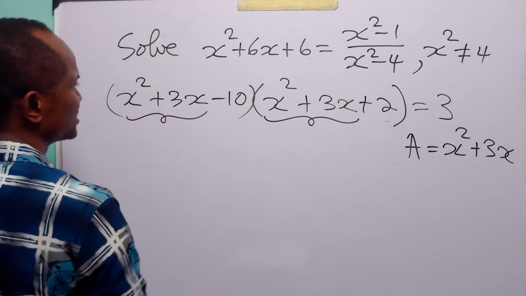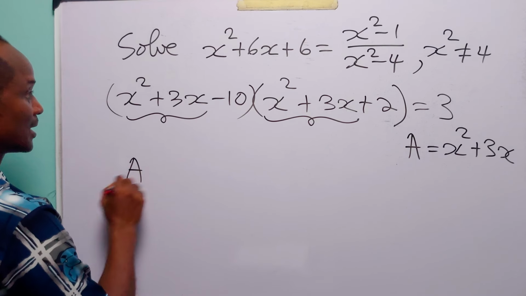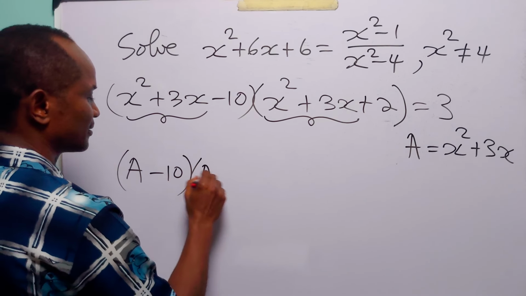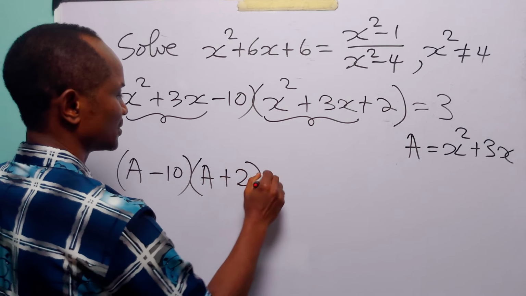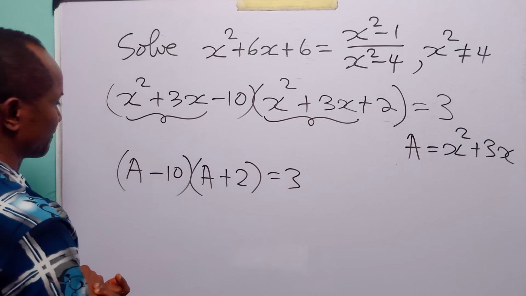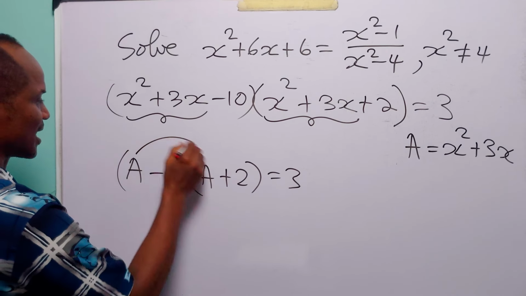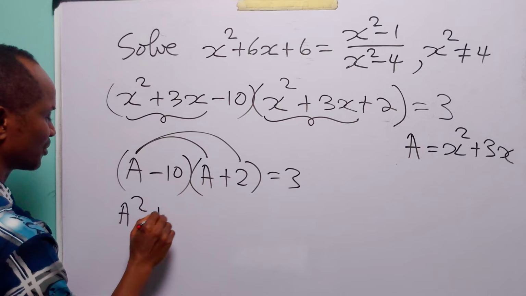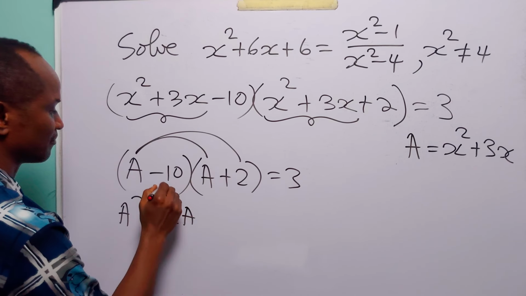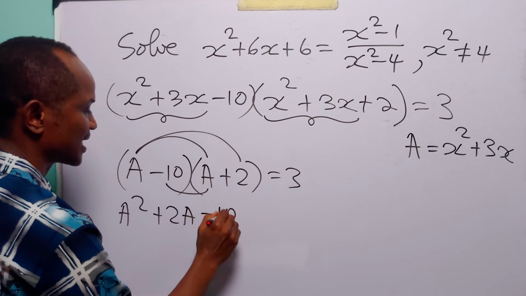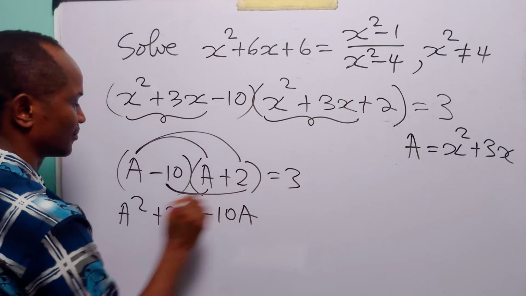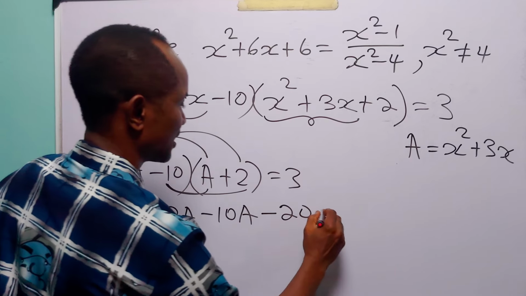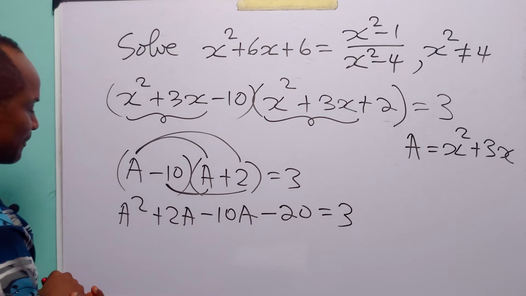With this substitution, this equation is now (a minus 10) multiplied by (a plus 2) is equal to 3. Opening this bracket, we have a squared plus 2a minus 10a minus 20, and this is equal to 3.